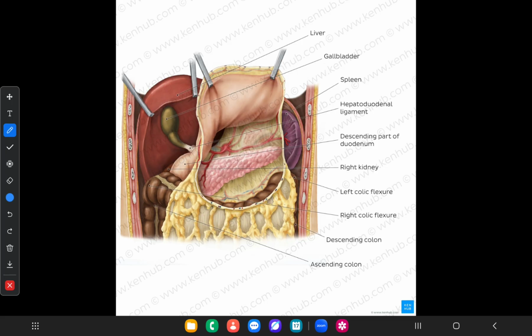Here also you can see the epiploic foramen and the lesser sac. You are in the greater sac, and then you have to enter in this area. Here is the window, the epiploic foramen, and this is the lesser sac.